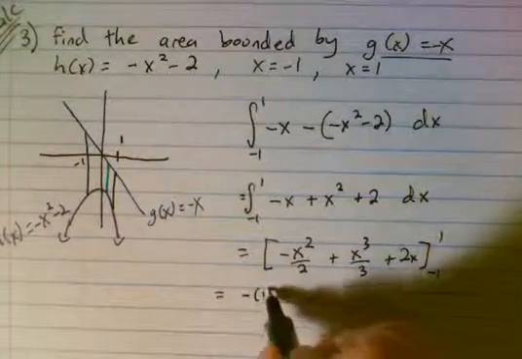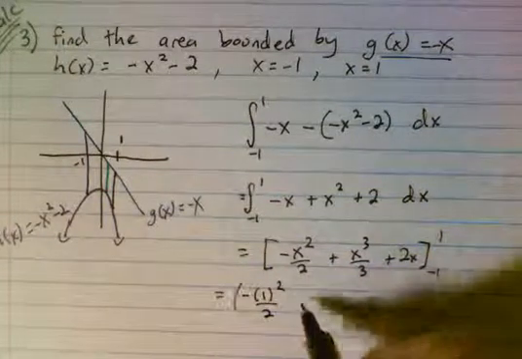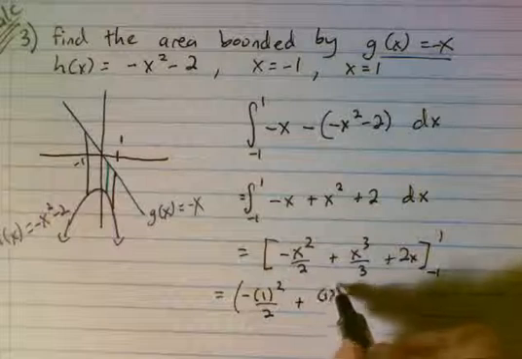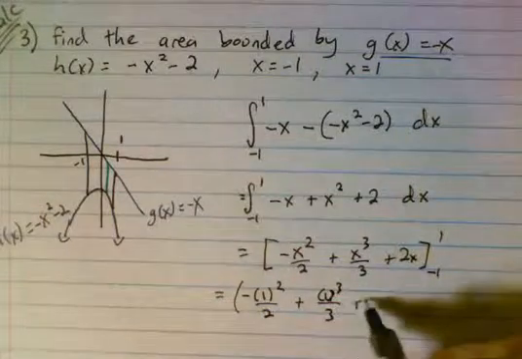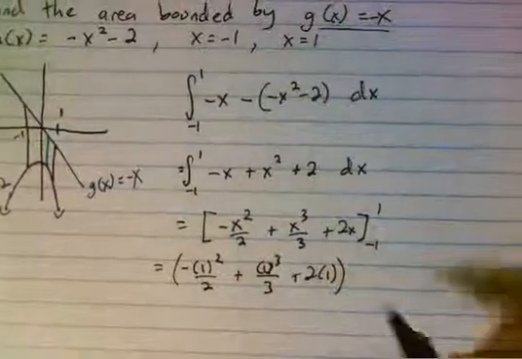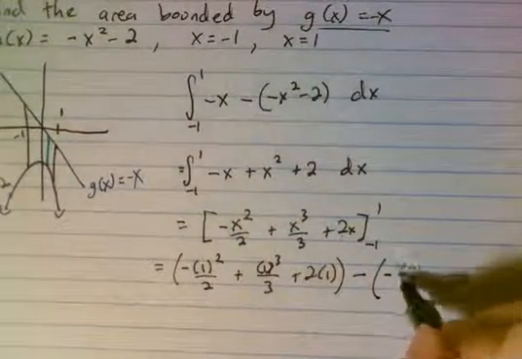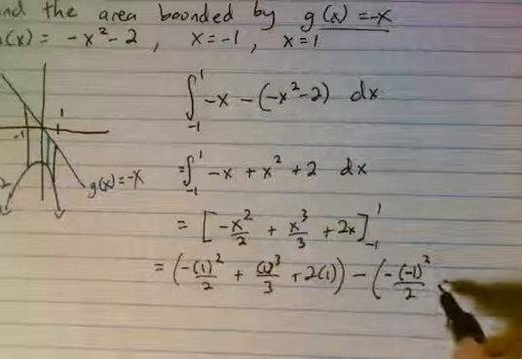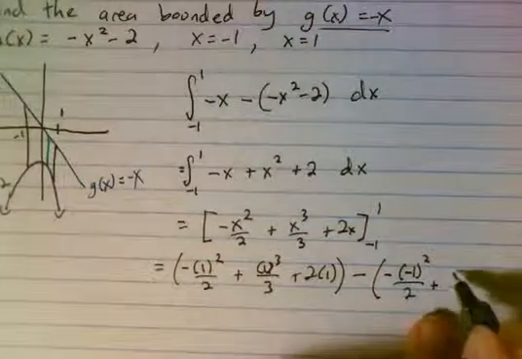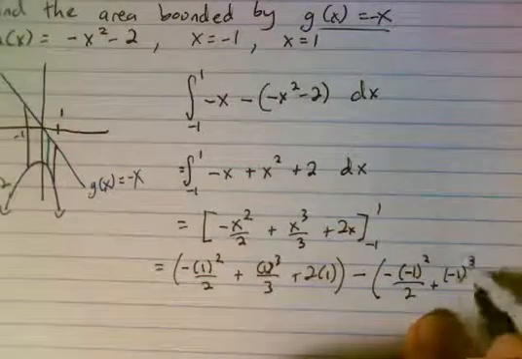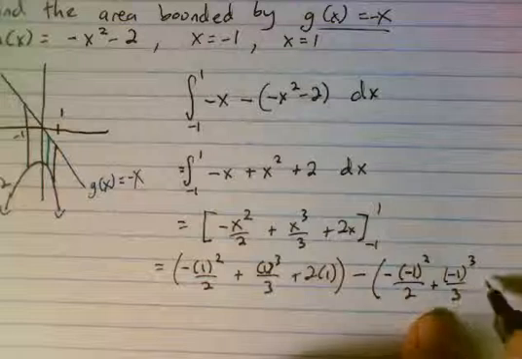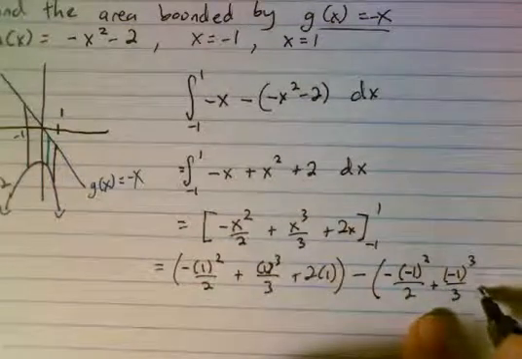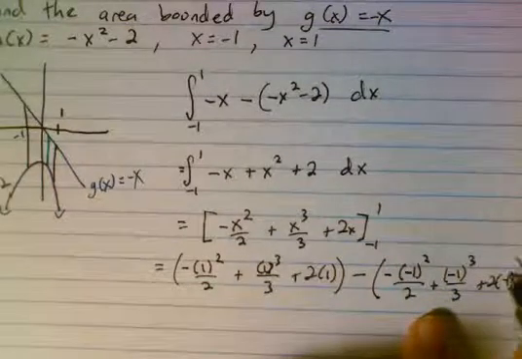So negative 1 squared over 2 plus 1 cubed over 3 plus 2 times 1. And then we're going to subtract negative 1 squared. Remember, that's in parentheses. Plus negative 1 cubed over 3 plus 2 times negative 1.